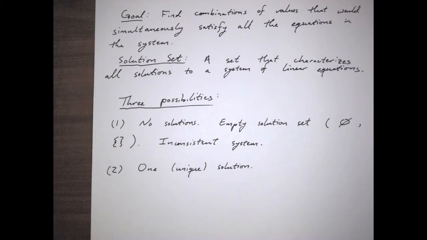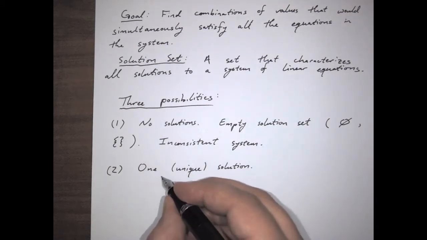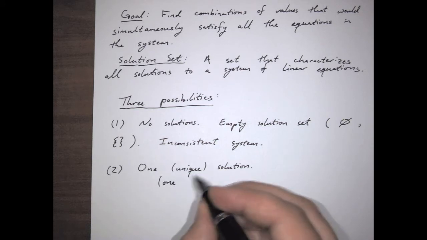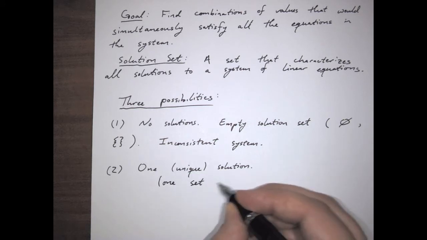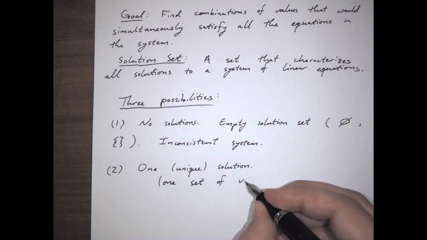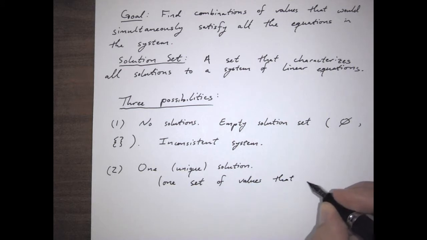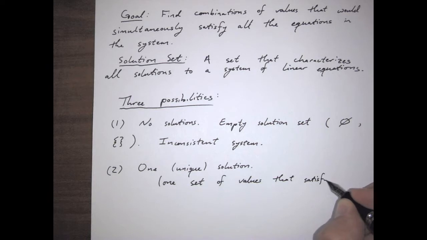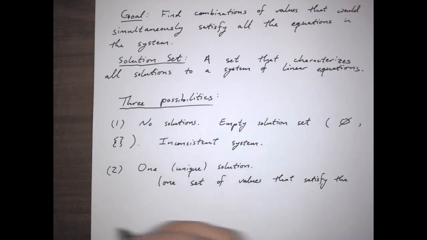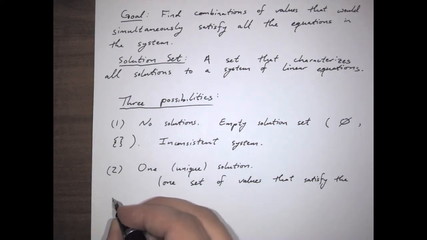There are no others, and there is no inconsistency. So this is one set of values that satisfy the system.